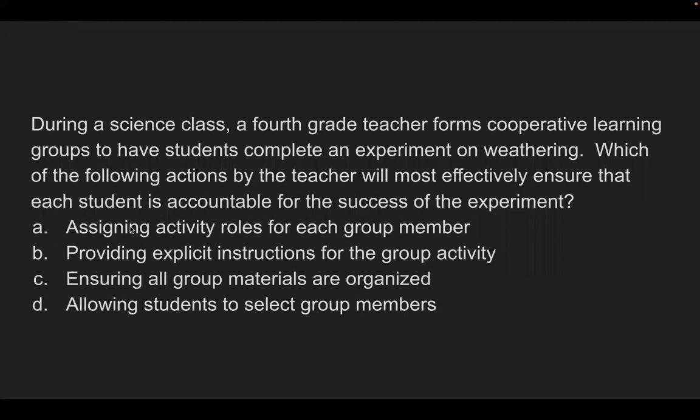But if only one is to happen, which one absolutely needs to happen in order for students to have any ability to be accountable for the success of the experiment in its totality? B. Explicit instruction.